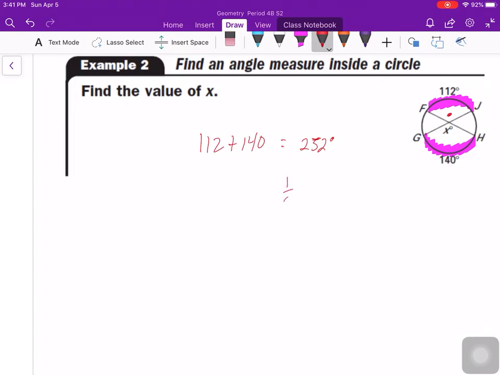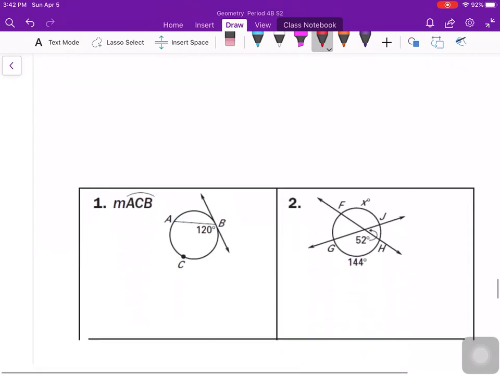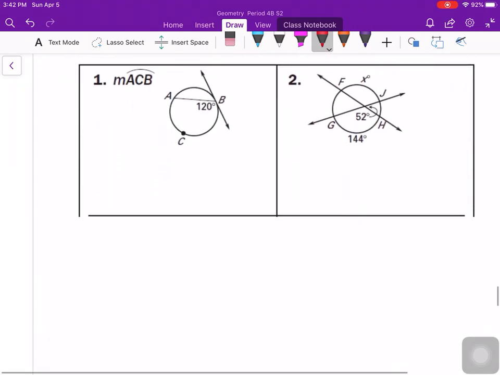So then the angle measure is going to be half of 252, so 126. Okay, so again, you're going to add the two arcs together and then divide by 2 when the angle is inside the circle.